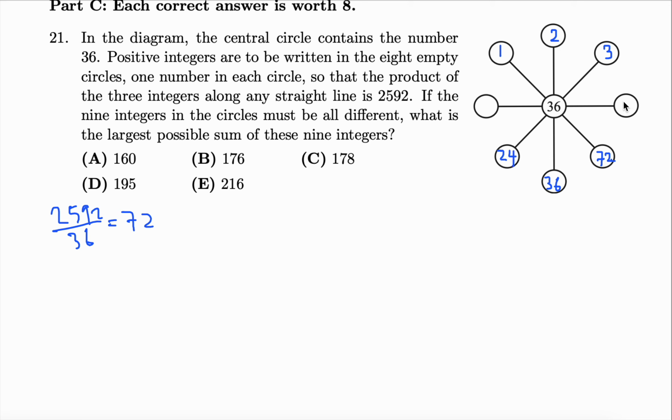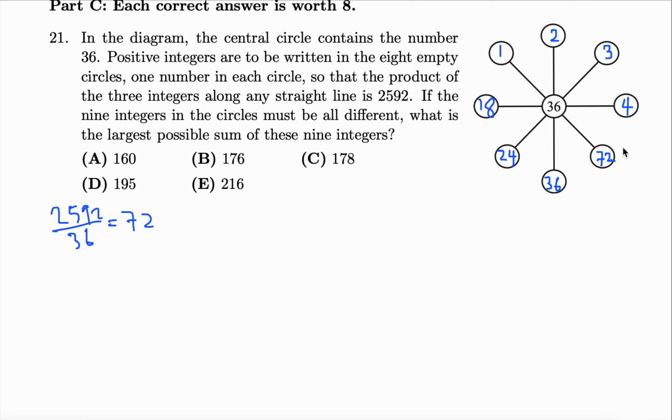Then we can do 4 times 18. Okay, so the product along each line, if the 9 integers must all be different. And 1, 2, 3, 4, 72, 36, 24, 18, they're all different, so that condition is satisfied.